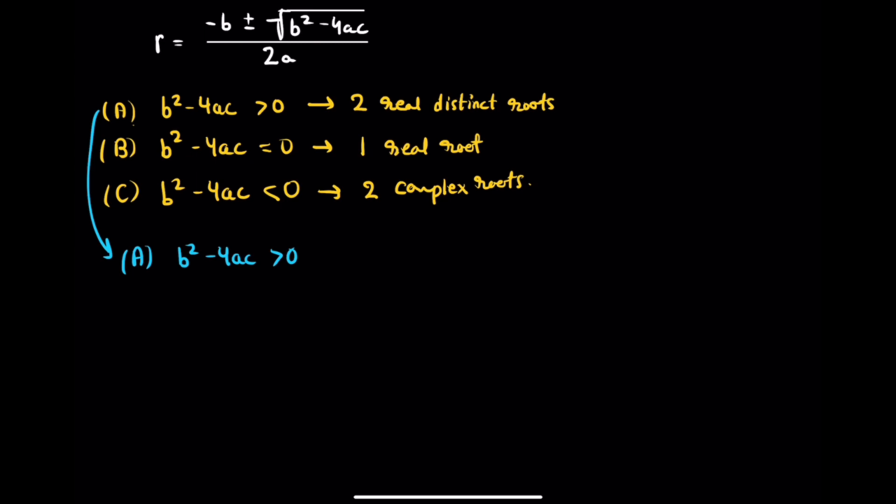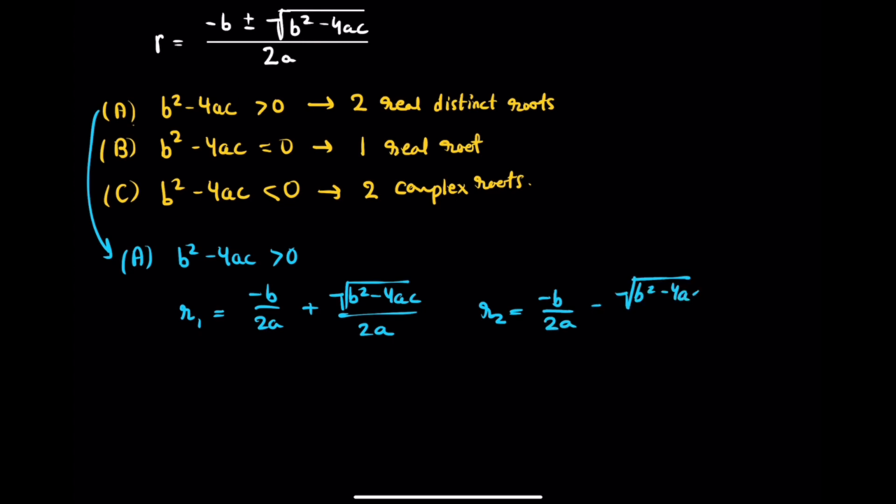In that case, you're going to have r1, which is minus b over 2a plus the square root of b squared minus 4ac over 2a. And then you're going to have r2, which is minus b over 2a minus the square root of b squared minus 4ac over 2a.